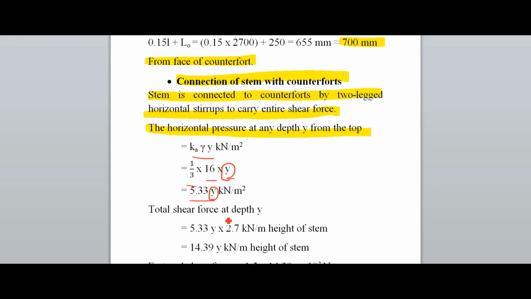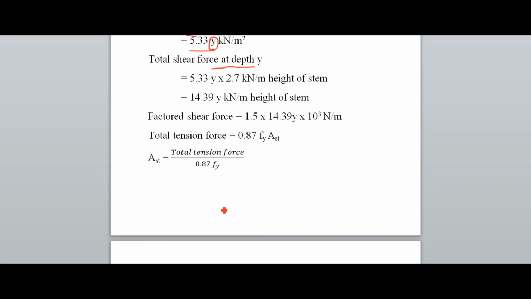Okay, so take total shear force at y, 2.7 meter height of the stem. So factored shear force is 1.5, 40.39 y into 10 raised to 3.